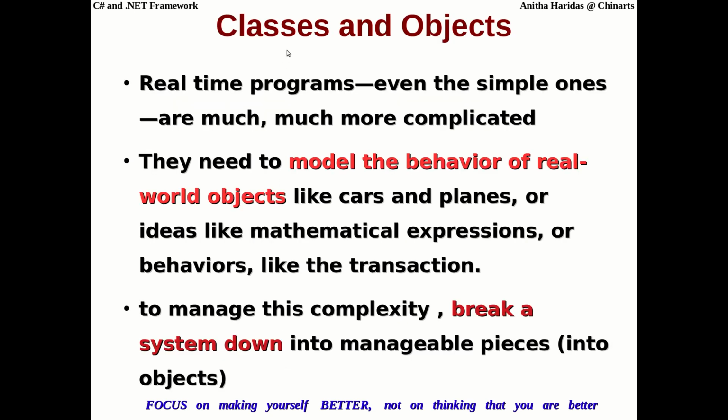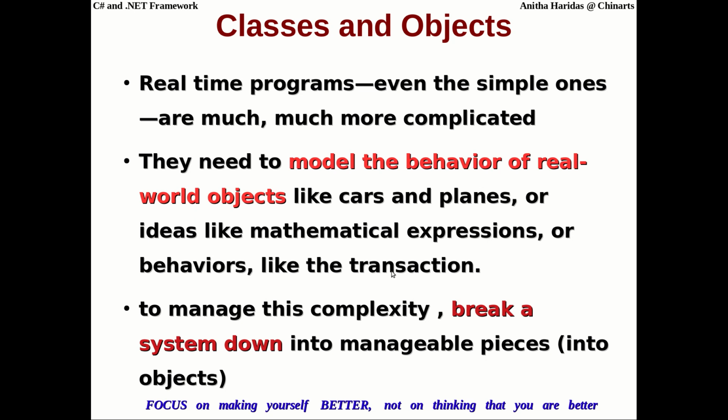Let us start with what are classes and objects. In our real-time programming environment, even a very simple program becomes complicated because we need to model the behavior of real-world objects such as cars, planes, or sometimes ideas like mathematical expressions or a bank transaction.